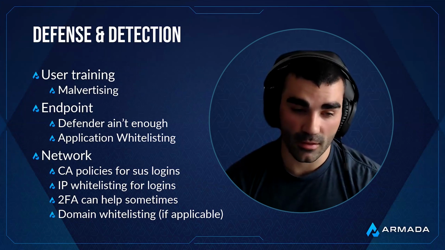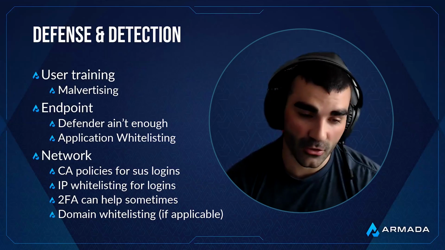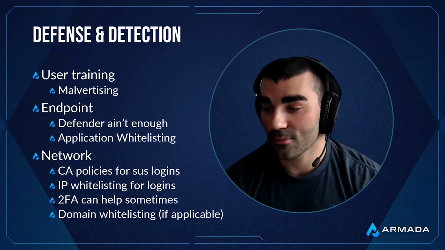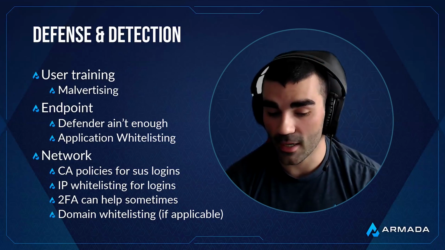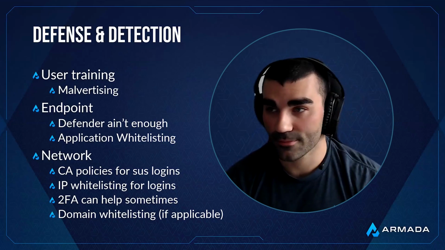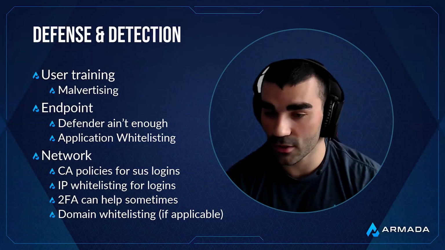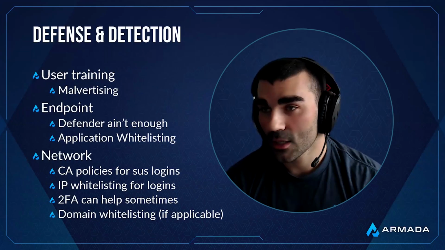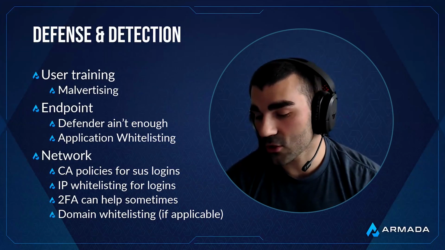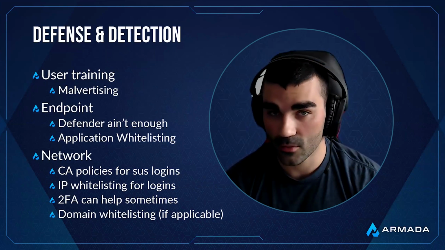And domain whitelisting, if possible. A lot of organizations have trouble with this because of how restrictive it can be. Basically it prevents things based on their domain categorization, and this would prevent newly spun up domains from being connected to and sending out data, which again isn't bulletproof because a lot of these threat actors can use legitimate programs or legitimate services like Discord and Telegram.